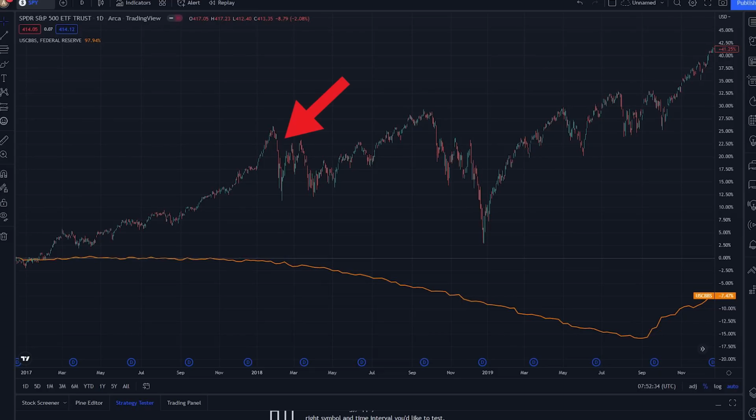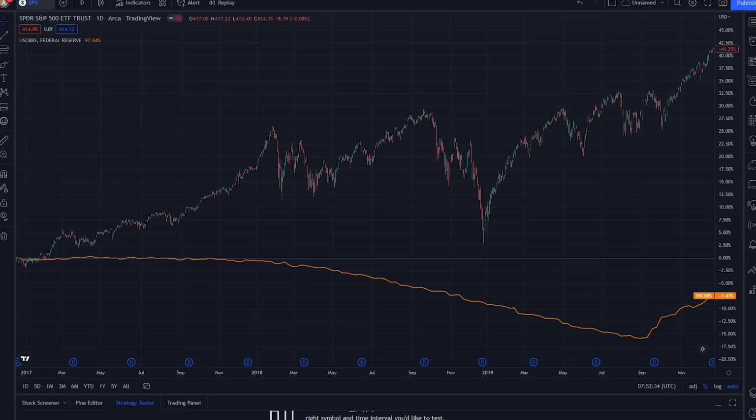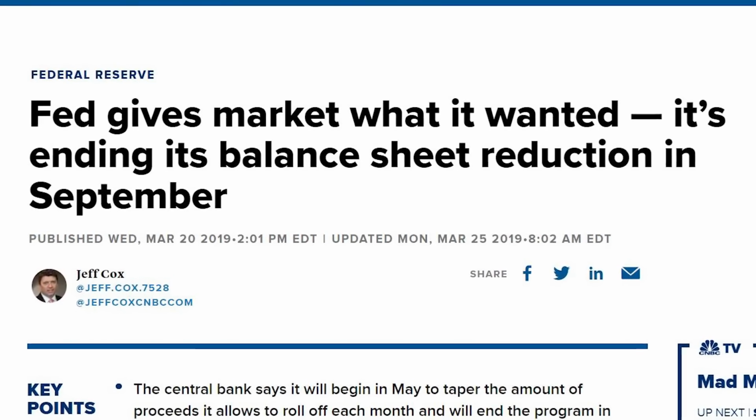Then, all of a sudden in February 2018, the market suddenly dropped because there were fears that inflation would go up. After that, throughout the whole of 2018, the market basically went nowhere. And just when the market hit an all-time high, it crashed by 20% within just 2 months, going back to 2017 levels. The Fed then had no choice but to end their QT program earlier than expected.